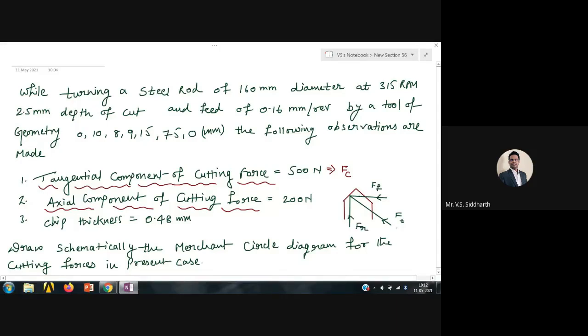And this angle was how much? Psi s. So here it is said that this is the axial component of the cutting force. Which component is along the axis of the workpiece?